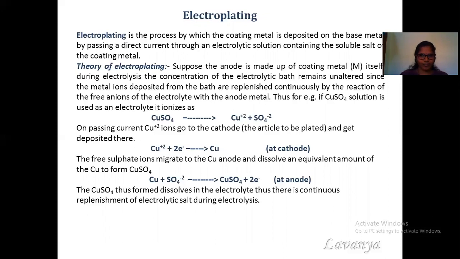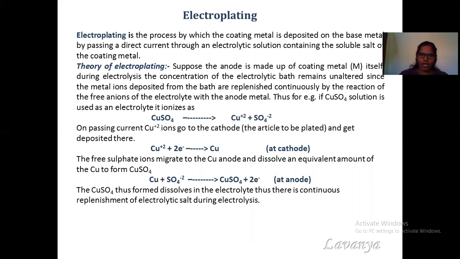So the process of deposition of a metal on the base metal by using current, by dipping that metal along with some other anodic metal in a suitable electrolytic solution, is called electroplating. The major principle of electroplating is this: if I want to coat copper on some other metal, I took copper as an example.